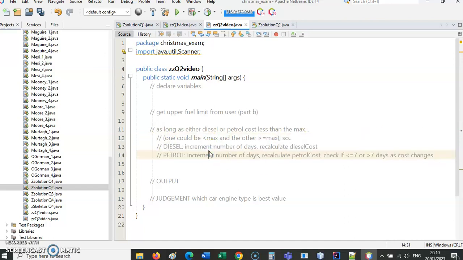Eventually both diesel and petrol costs will exceed the upper limit the user typed in, or 250 cents, and then we'll be able to output. The output should be the cost of petrol or diesel after so many days, and from that we can make a judgment as to which car engine type is the best value.